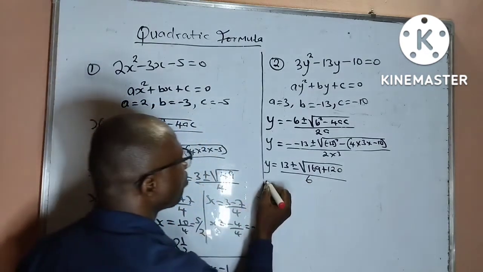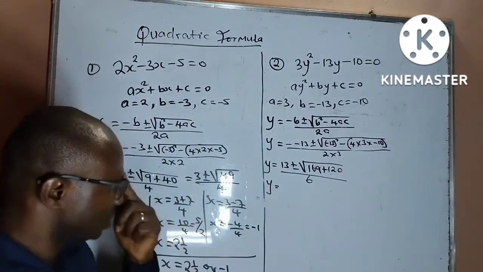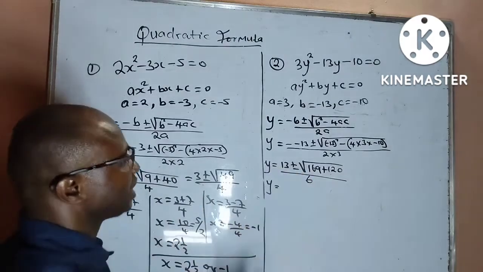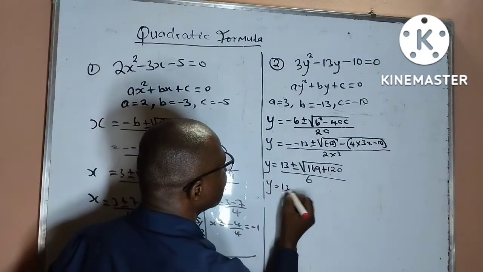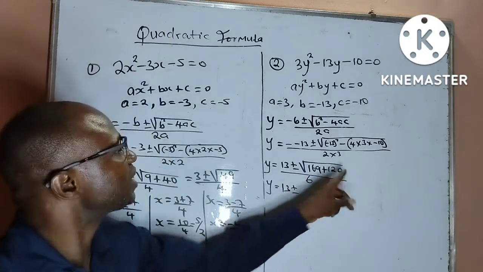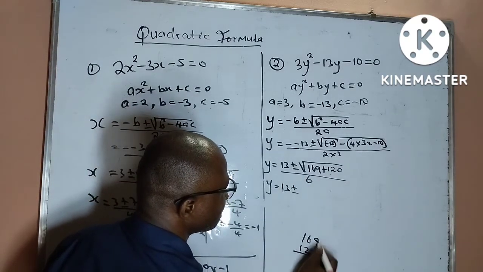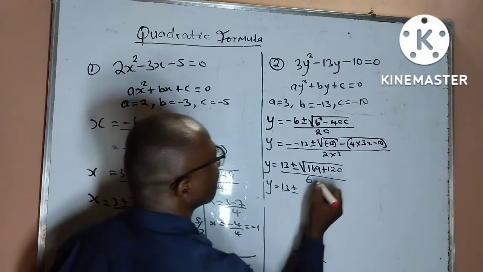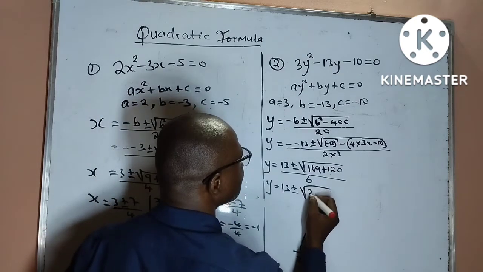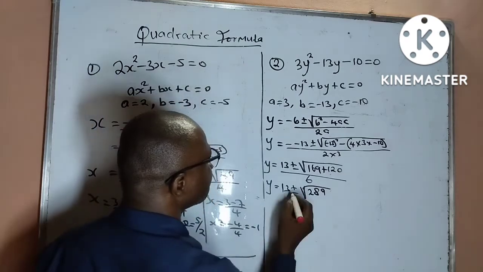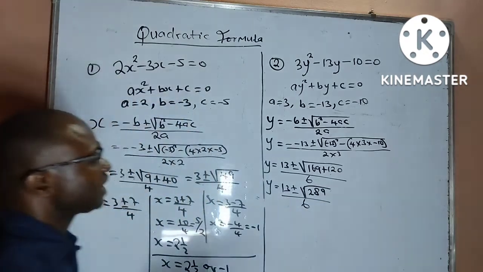I'm moving on. So y, please don't leave the page. Continue, you will learn to the end. Then I have 13 plus or minus. Now I want to add 120 and 169. 169 and 120. This is 9, this is 80, this is 2. So I have in the square root 289. Everything over 6. Life is beautiful.